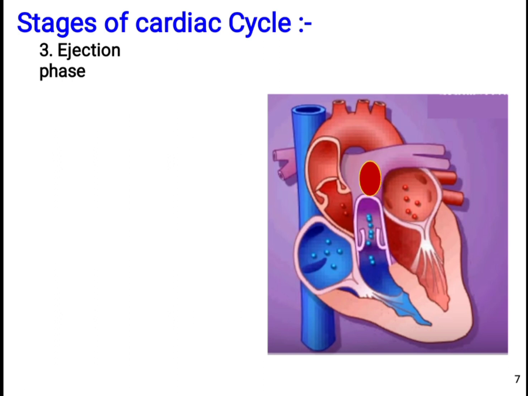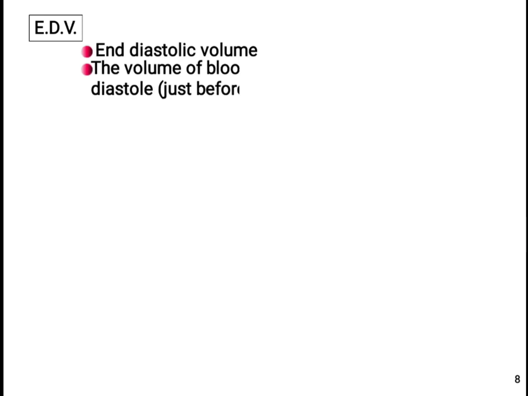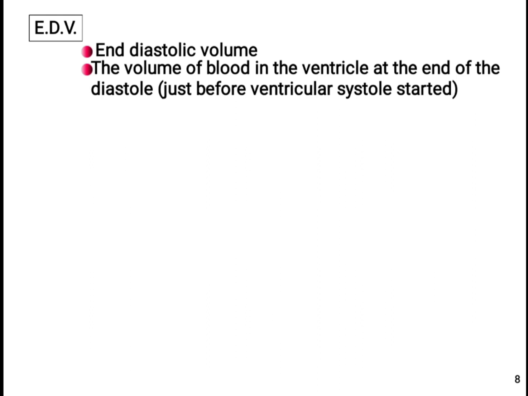Now, after looking at the ejection phase, when blood is being ejected, we remain with what we call the end diastolic volume. That is the volume of blood that is in the ventricles at the end of diastole, just before ventricular systole starts.